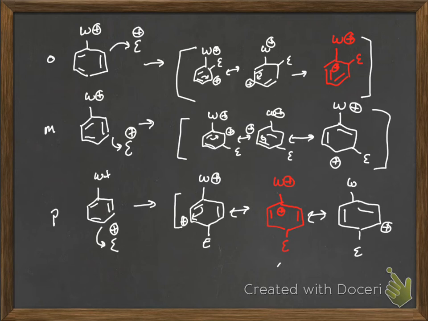So here are the resonance forms for when you do an electrophilic addition to a ring that already has an electron withdrawing group on it. And what you see in the two in red that I drew in there are particularly unstable. Why?